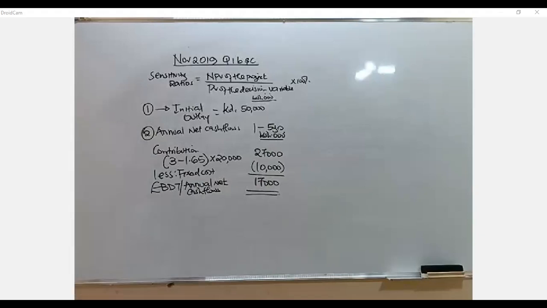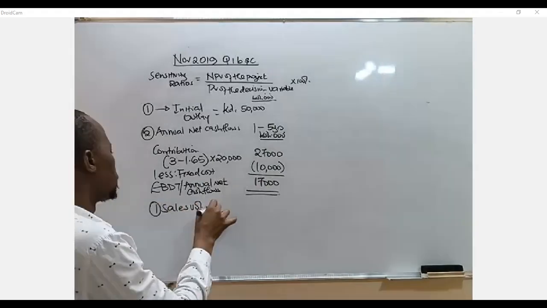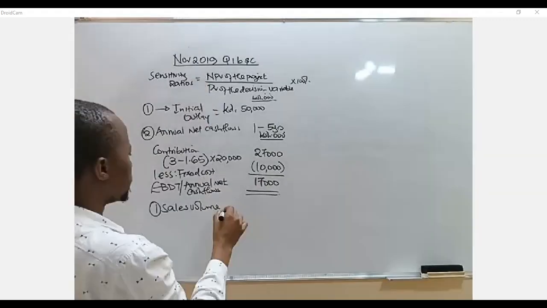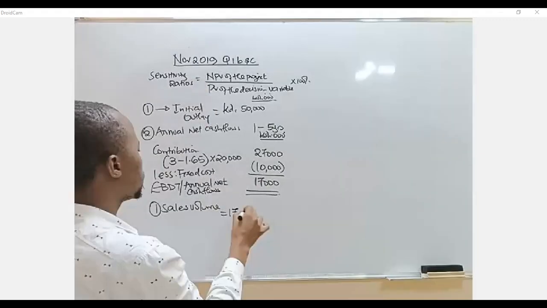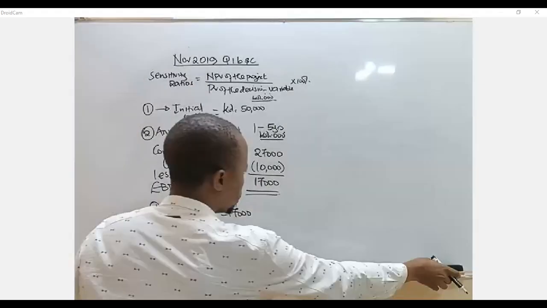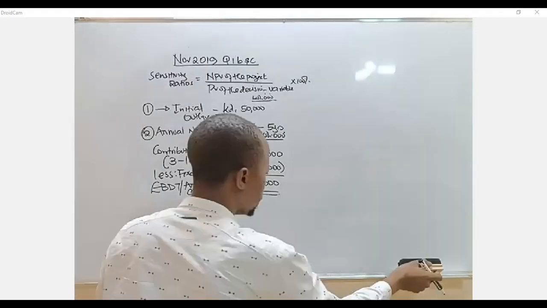Now, when the examiner is asking us to calculate the sensitivity of the project net present value to the following changes, we start with number 1, sales volume. But first let us calculate the NPV.